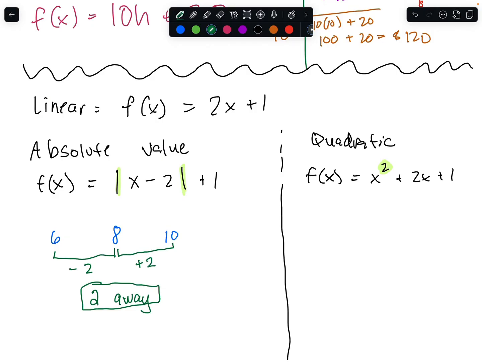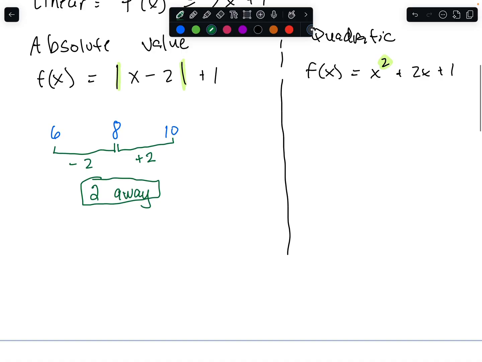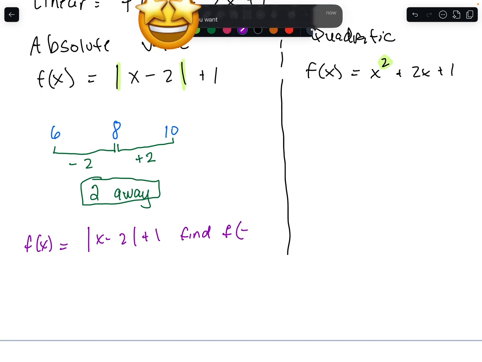Okay? So let's say we have the equation here. Let's do one. f of x equals the absolute value of x minus 2 plus 1. And then it'll say something like find f of -5.